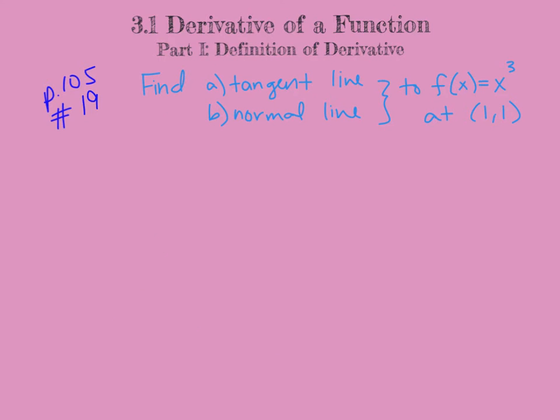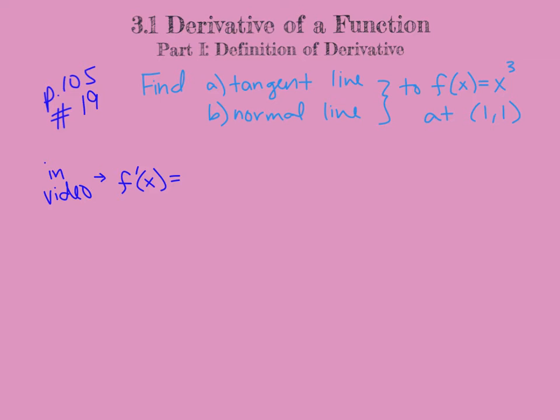Number 19 is asking us to find the equation of both the tangent line and the normal line to our function f of x equals x cubed at the coordinate point 1, 1. They gave us both the x and y of that coordinate point, which is great. So in our lesson video, I'm not going to do all this back work, but in our lesson video, we found that f prime of x for this function, x cubed, it was our first example we did.